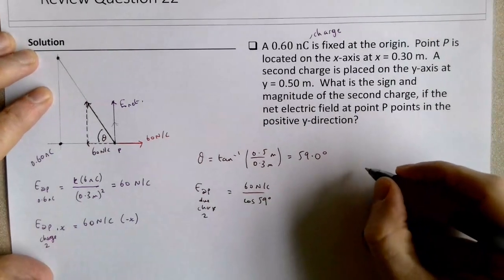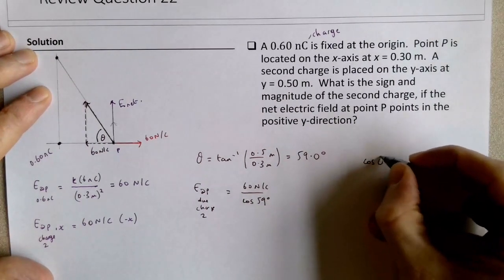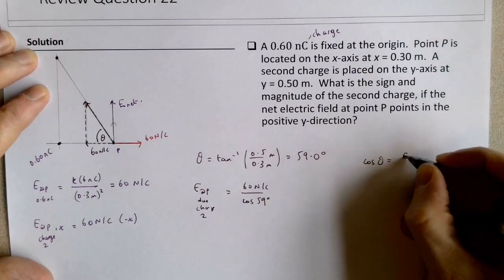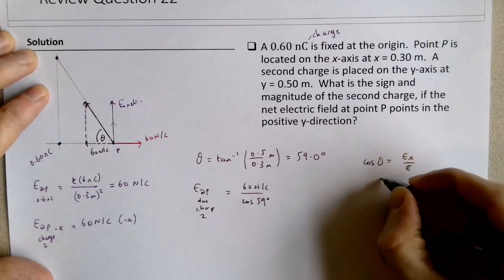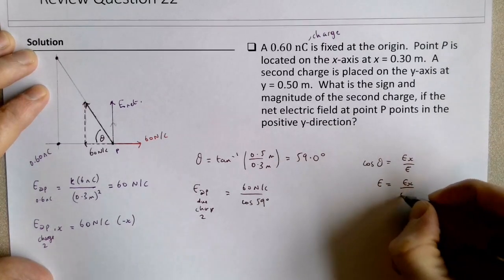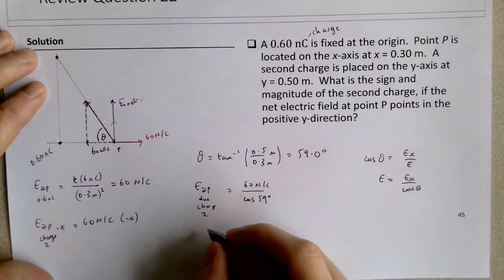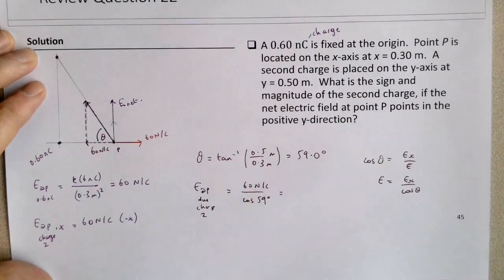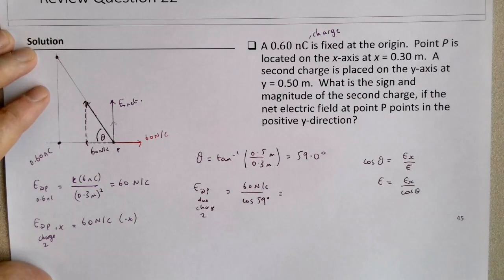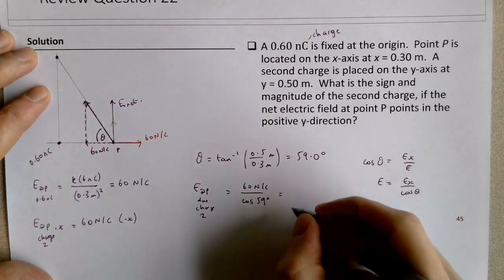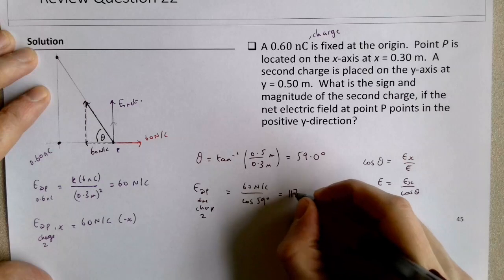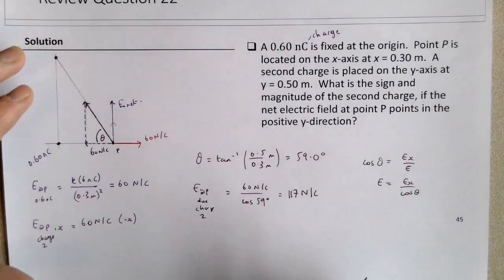You're thinking a little bit about that. The cosine of theta will be equal to Ex over E. So E will be equal to Ex divided by cosine of theta. So that's what I have here. So this is equal to 117 newtons per coulomb.